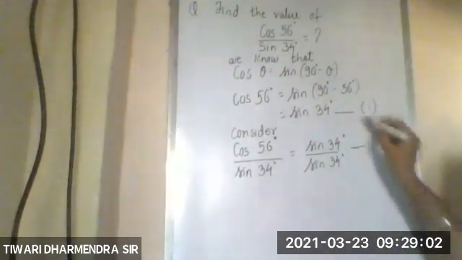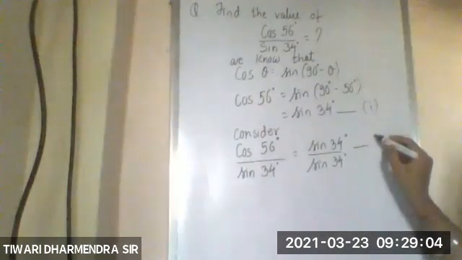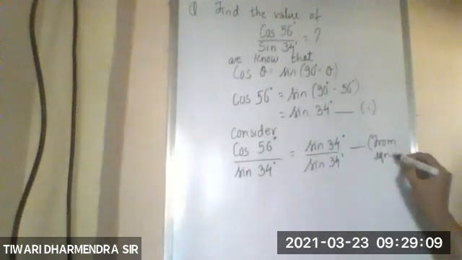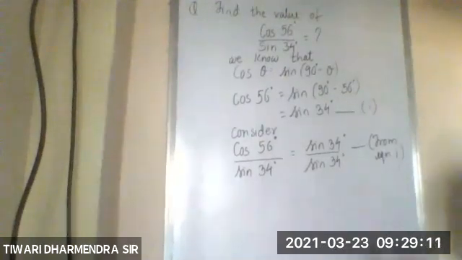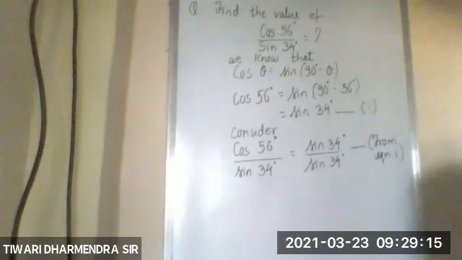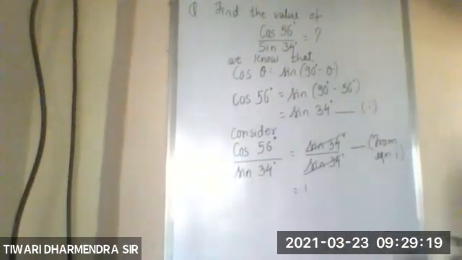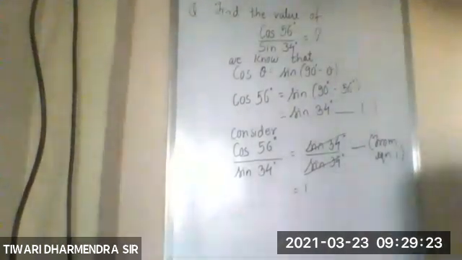I got this from equation number 1. Now you can see that numerator and denominator are both the same. We'll cancel them. So the answer is 1.